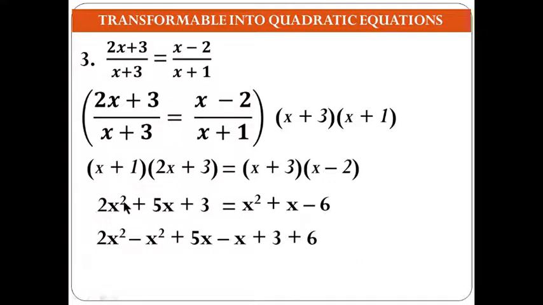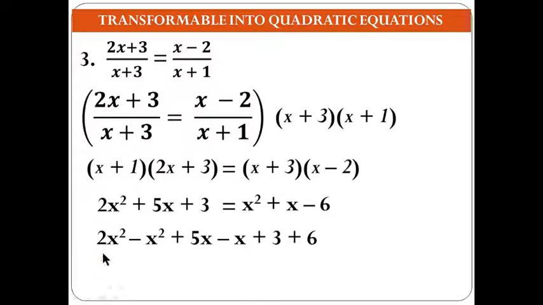So, 2x squared, ito, saan nakuha si minus x squared? Galing siya sa right side na x squared. Then, next is plus 5x minus x. So, si minus x ay galing siya din dito sa right side na plus x. Then, next is plus 3. So, plus 3 plus 6. Yung plus 6 ay galing siya sa minus 6 sa right side.